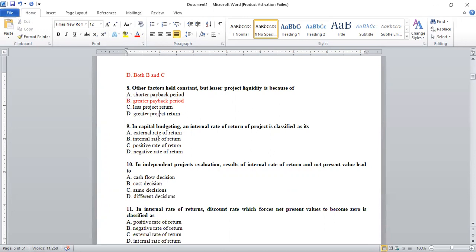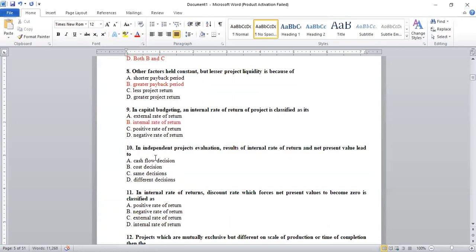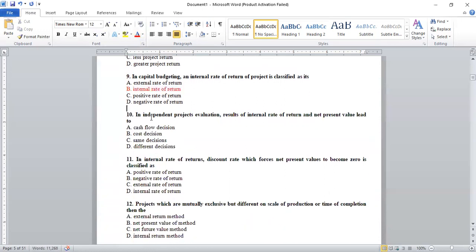In capital budgeting, an internal rate of return of a project is classified as its internal rate of return. Next, in independent project evaluation, results of internal rate of return and net present value lead to the same decision.